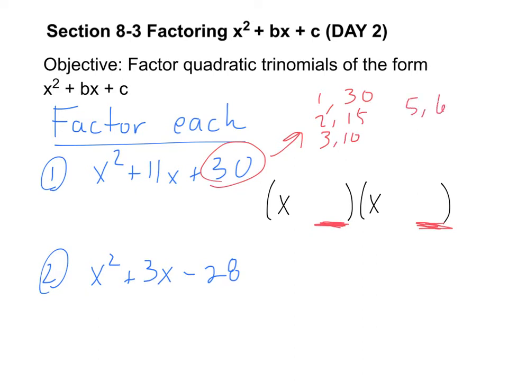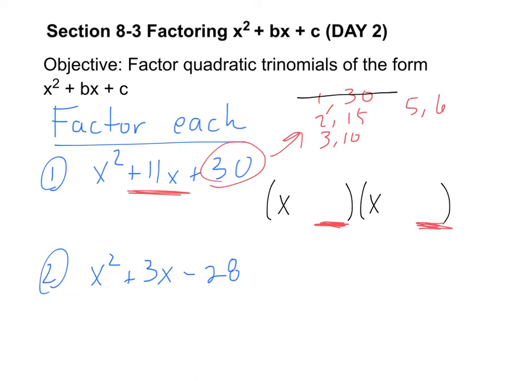5 certainly does. Now we need to take a step back and look at all of my factors. I have 4 sets of factors, but I can only use one of them. What do I look for now? I look here. Positive 11. Which set of factors can I use to obtain positive 11? So let's go through them. 1 and 30? Nope. 2 and 15.